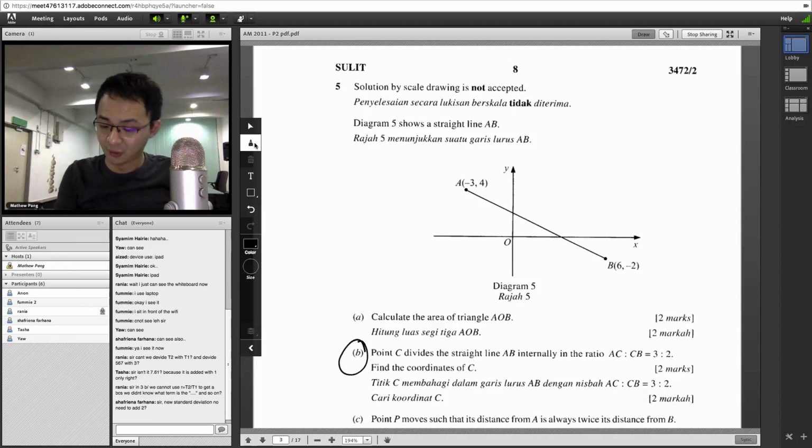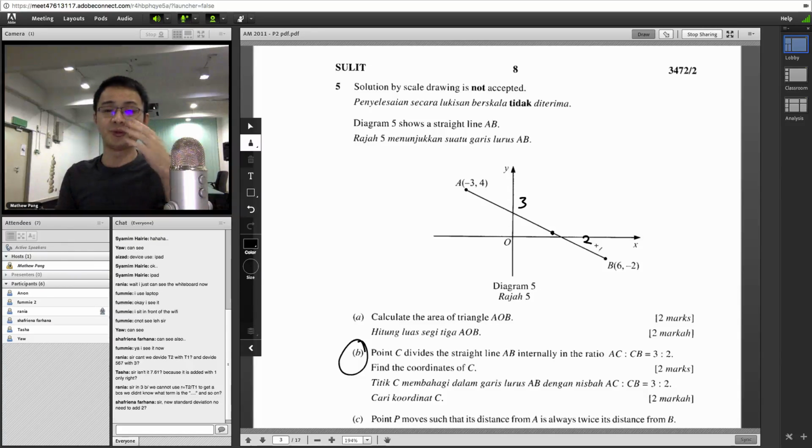Okay, so what we know here is AC is 3, CB is 2. So I guess C is somewhere here. No, it doesn't look nice. Maybe somewhere here. This is 3, this is 2. This is a ratio.